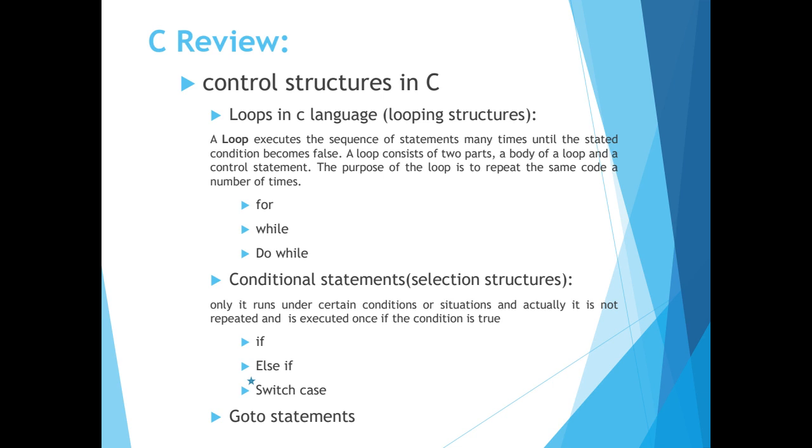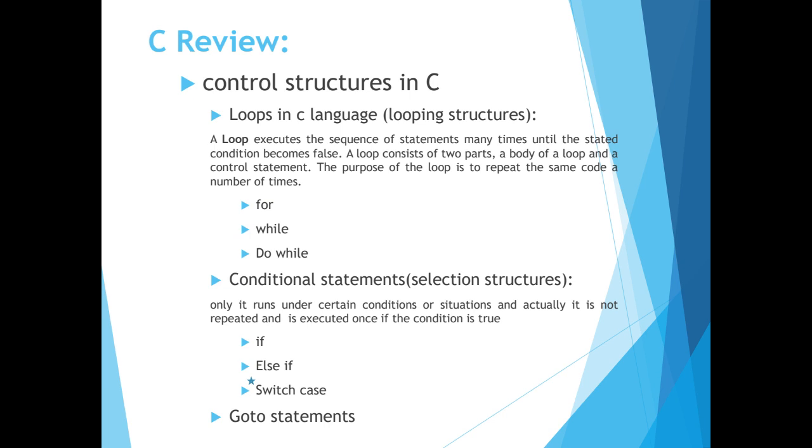Today, as you remember, in the previous session we had a review about the C language. Today we want to continue our discussion with the same concept, meaning that we want to talk about the different structures which are used in C language.